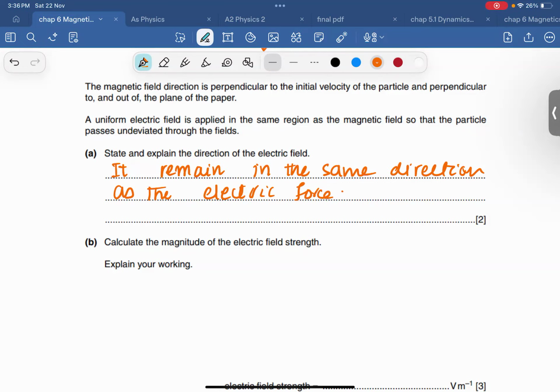We say that the electric force is in the same direction, and that is upward.